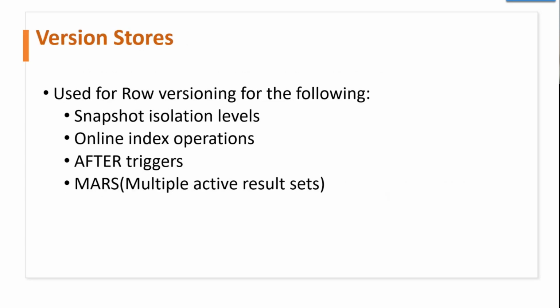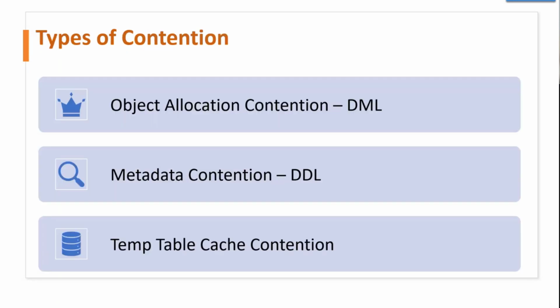And the third type is the version stores. This is used for row versioning for optimistic transaction isolation levels, online index operations, and after triggers. So TempDB is heavily used for these three categories, and TempDB, as we know, is a shared resource for all user connections, and no wonder contention occurs on TempDB.